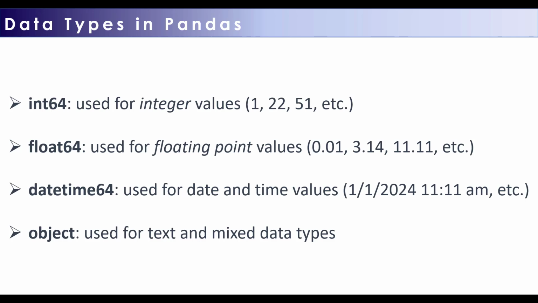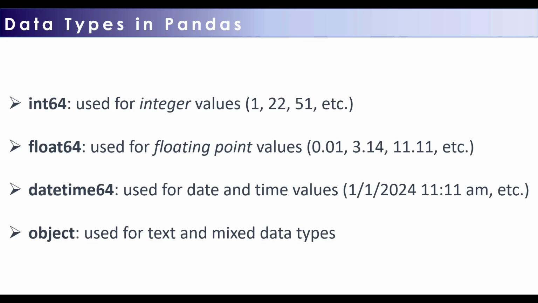Now, the data type that we choose for a column, assuming that there are multiple data types compatible with the values in that column, matters for, among other reasons, the size of the data being stored. For example, integer values like 1, 22, and 51 are perfectly compatible with the float64 data type in addition to the int64 data type. However, the same values stored in an int64 field will take up less space, since Pandas won't have to worry, so to speak, about precision after the decimal place.